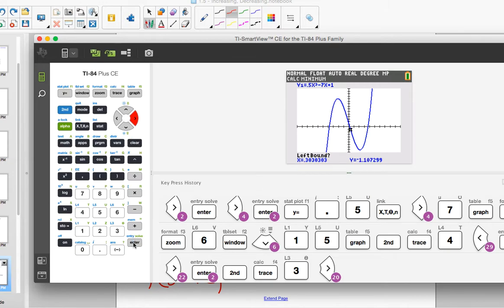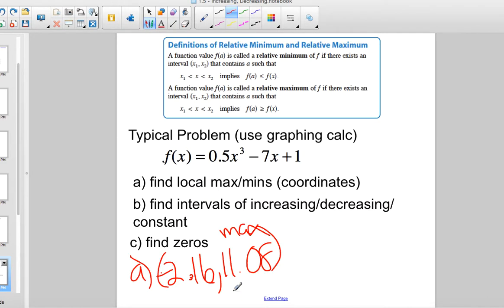So you can just hit enter at this point. And then right bound, I'm definitely to the right. And if I hit enter again, I get 2.16, negative 9.08. So I'm going to have my minimum at 2.16 and negative 9.08.